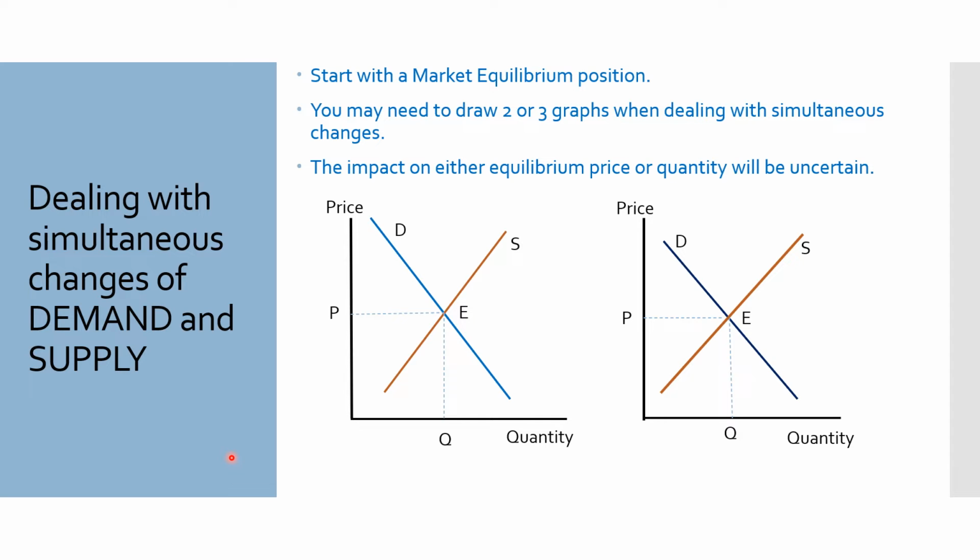On occasion, they have asked in a question that you draw all 3 graphs, and I'm going to explain to you in a moment or two why that would happen. But the minimum you're probably going to be able to get away with is drawing 2 graphs, because you've got to work out which of these outcomes, that is, the change in price or the change in quantity, which one will be certain and which one will be uncertain.